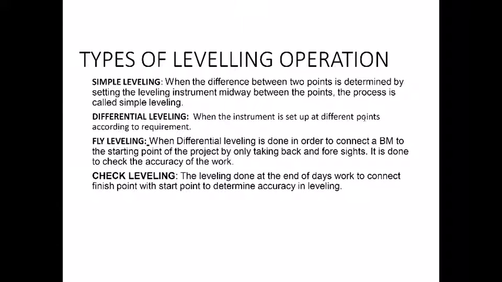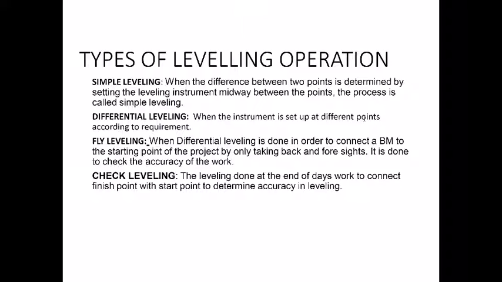So the job is done, but just to make sure that the work you did was correct, now that you have the reduced level of the point D, you can find out the reduced level of point A, which is known already, but once again. And if the reduced level of point A comes out to be similar to what it was before, 100, that means all the work you did midway for point B, point C, and point D is correct.